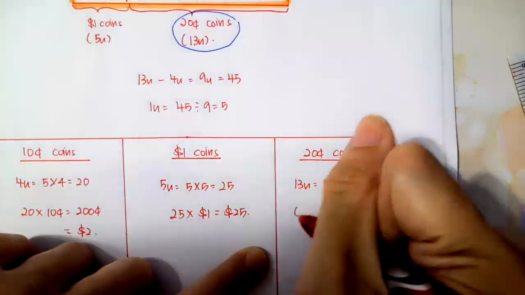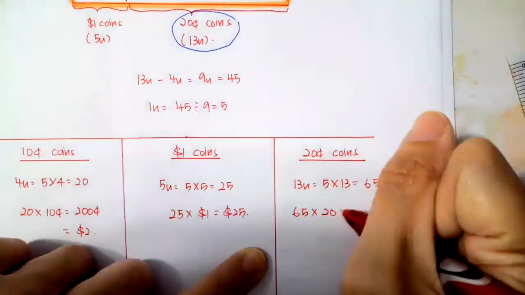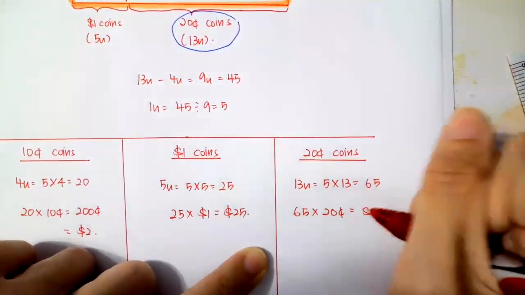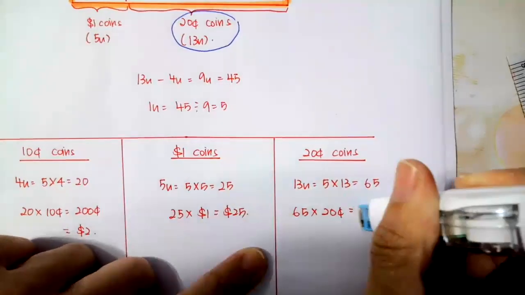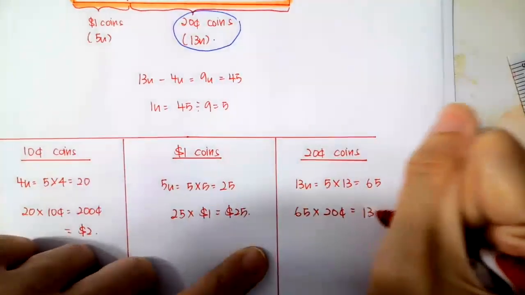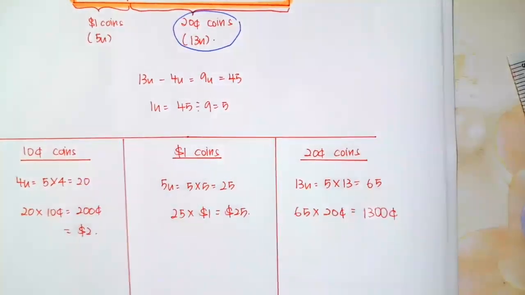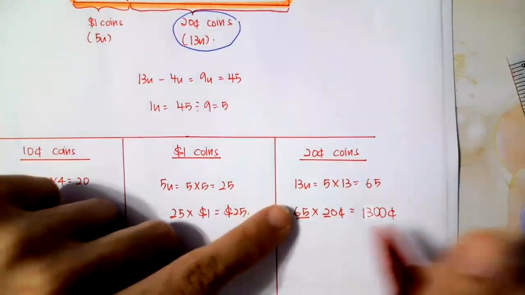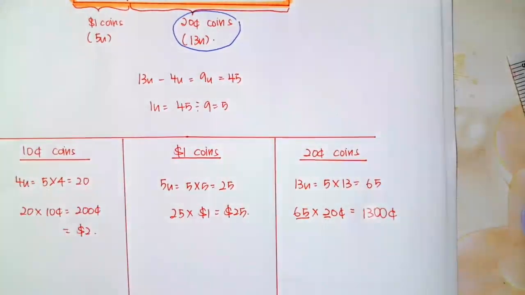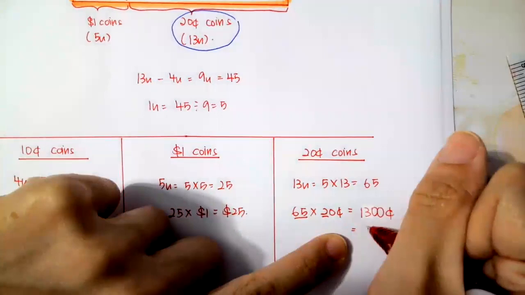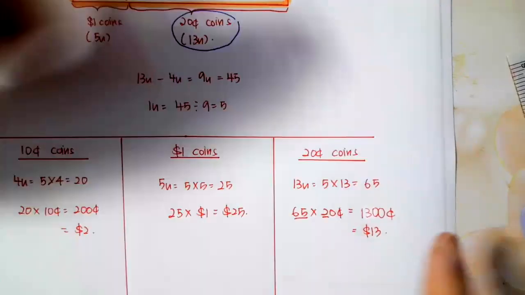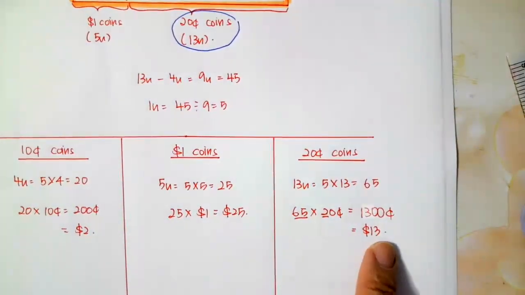That will be 65 times 20 cents, which would bring me to 1,300 cents. Okay, just take 65 times 2 will do, then you add a 0 at the back, because 65 times 2 is 130, then plus a 0. All right. And this translates to $13 because $1 is 100 cents.